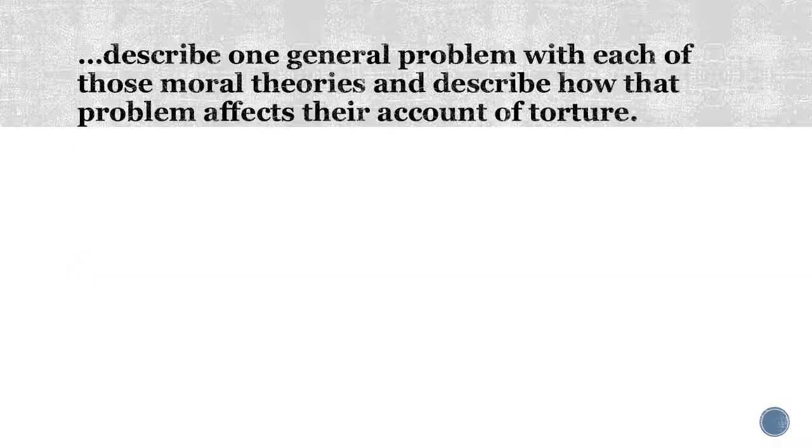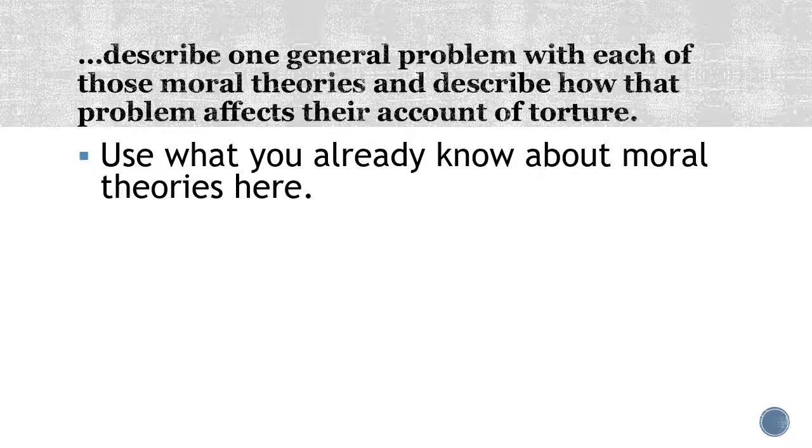Okay, so then it says describe one general problem with each of those moral theories. Describe how that problem affects their account of torture. Right? This is one of those things where again, use what you know. We already know that each of these moral theories that people might use have some problems that they're going to have to reckon with, and so if you already know that utilitarianism has certain kinds of issues, then you should expect at least some of those issues to be a concern when you're talking about torture.